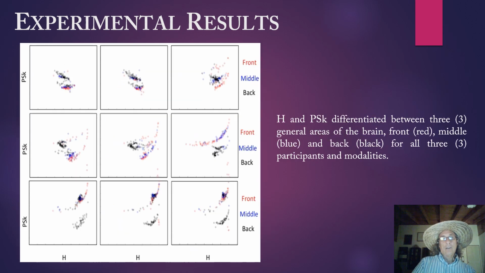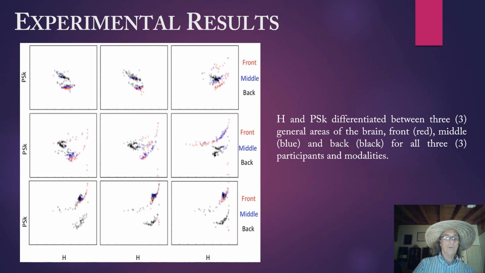If we color the different areas of the brain as front, middle, and back, we can see that the red and the black are differentiated. The red and the black here coincide, and some of the black and the blue coincide for this particular participant. Then we have here a similar situation but different. The red now has higher values of PSK and similar values of entropy, but here there are even higher values of entropy and skewness.